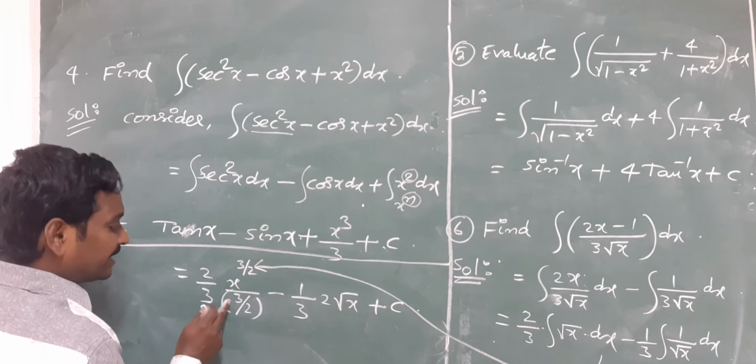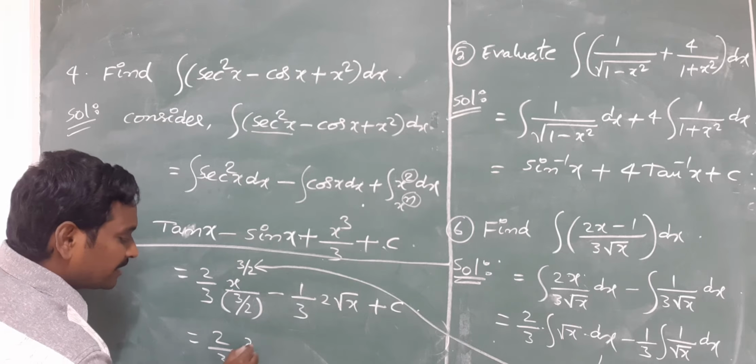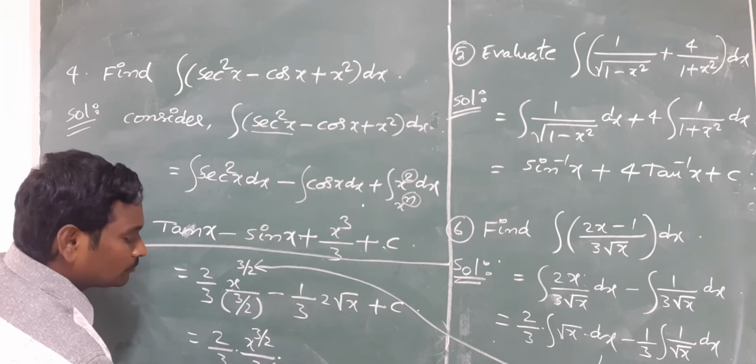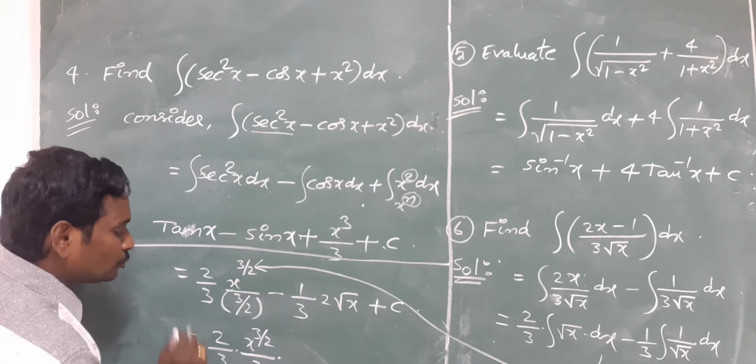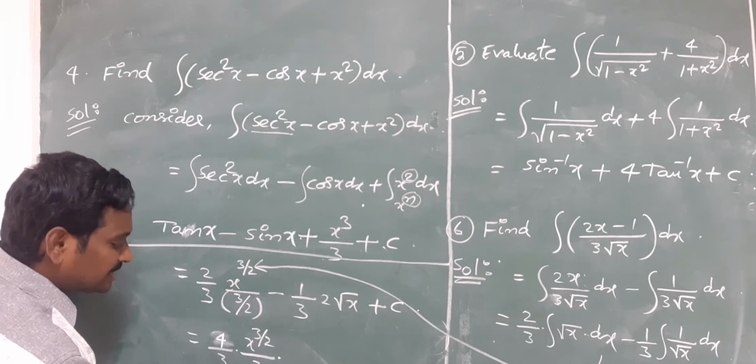Now you can write this one as 2 by 3 into x power 3 by 2 by 3 by 2. This 2 goes to the numerator, already 2 is there, so 2 2s are 4 and 3 3s are 9.